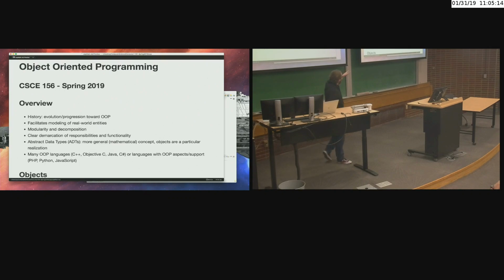You've got a lot of object-oriented programming languages: C++, Objective-C, C#, or languages with OOP support that was added on later. For example, PHP. Classes were added in PHP 3 or 4, I forget. They were not part of the original PHP standard, but they were added later.